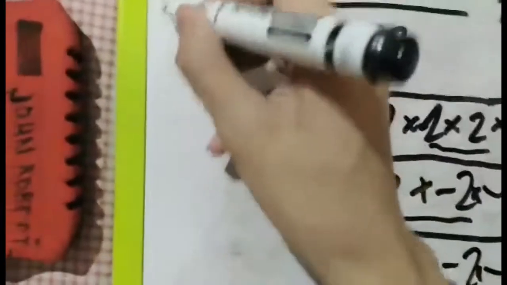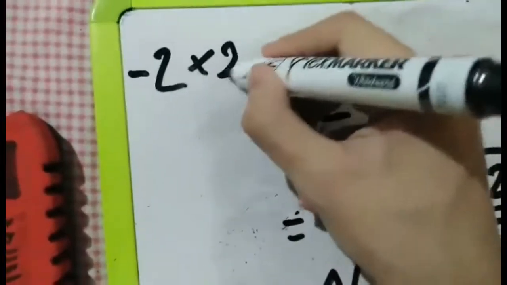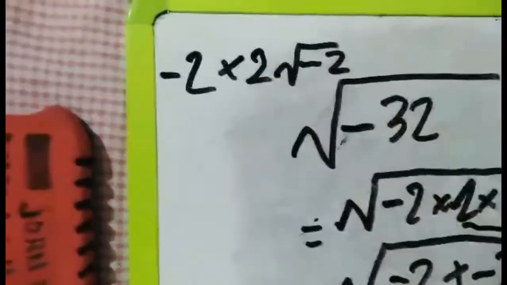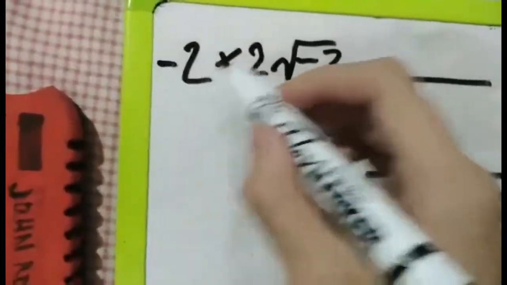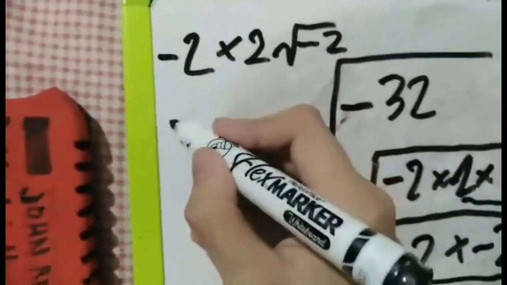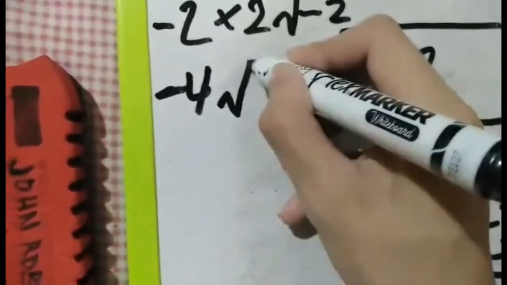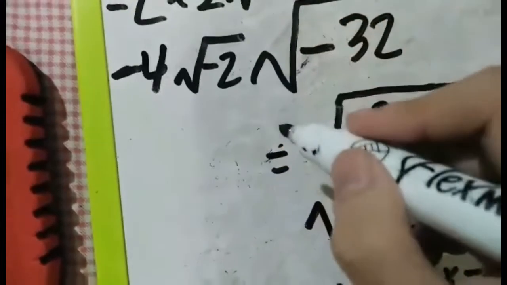So, negative 2 times 2, then the square root of negative 2, which is the remaining 2. Of course, negative times positive is a negative, so I get a negative 4 here, and then the square root of negative 2.